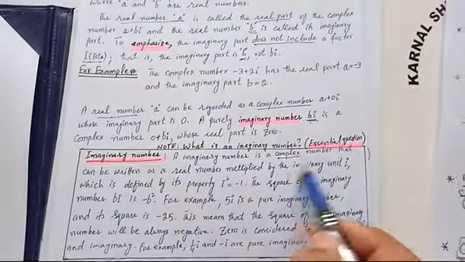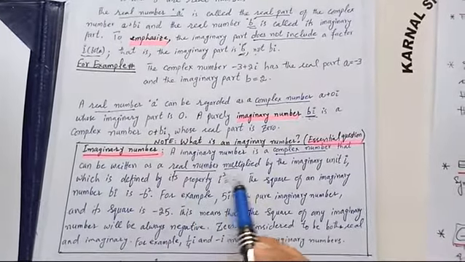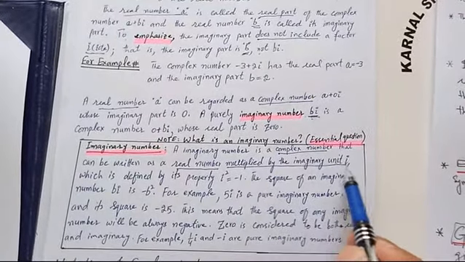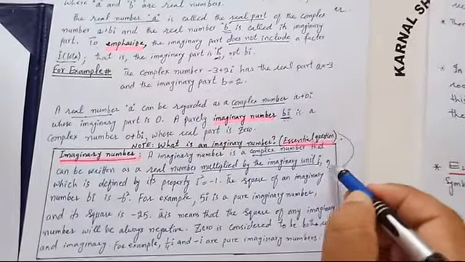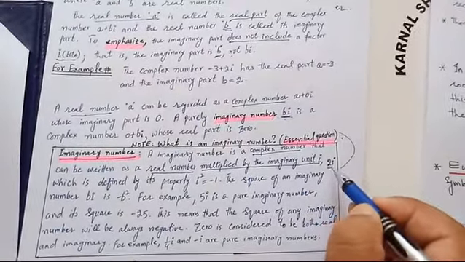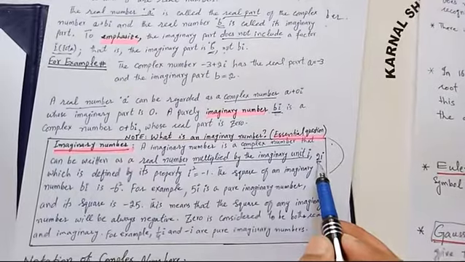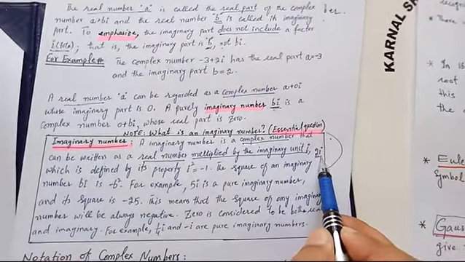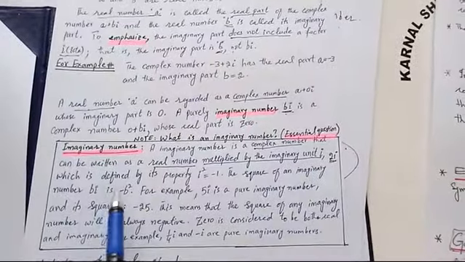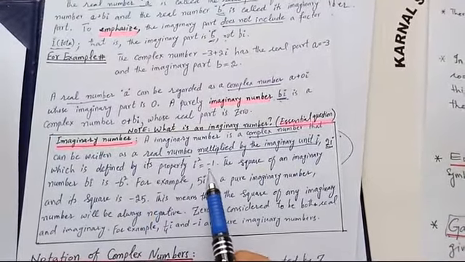an imaginary number is a complex number that can be written as a real number multiplied by an imaginary unit iota. For example, 2 iota. This is a complex number written as the product of a real number and the imaginary unit, which is defined by its property iota square is equal to minus 1.